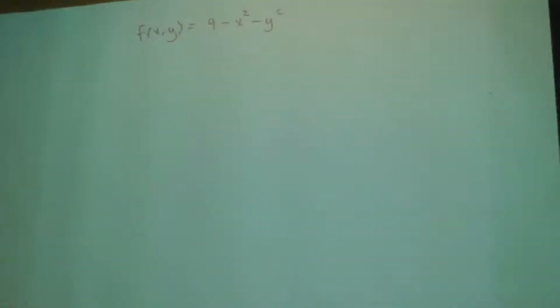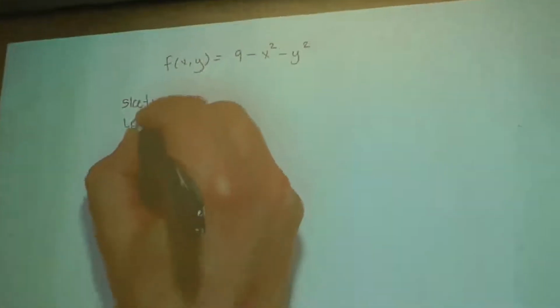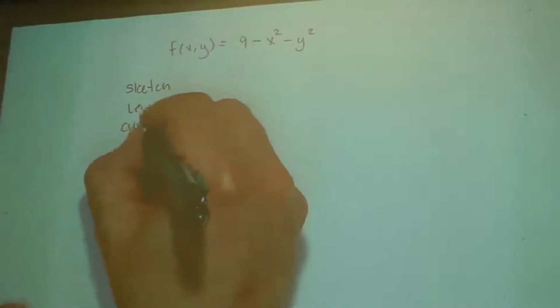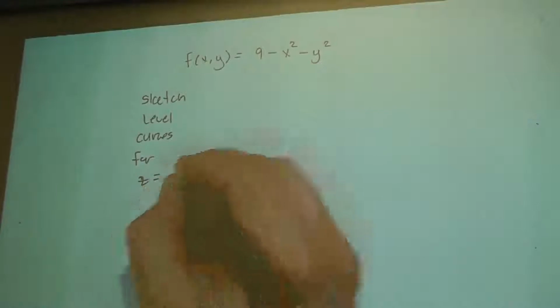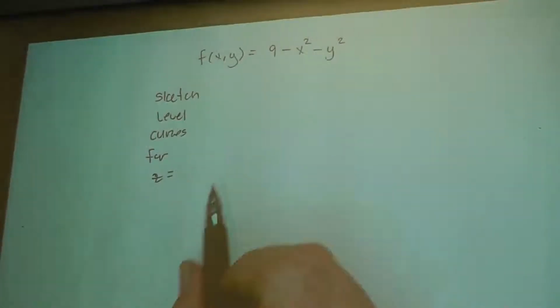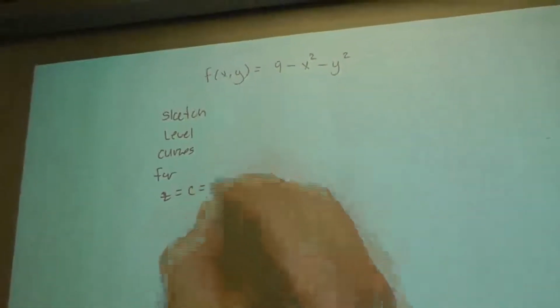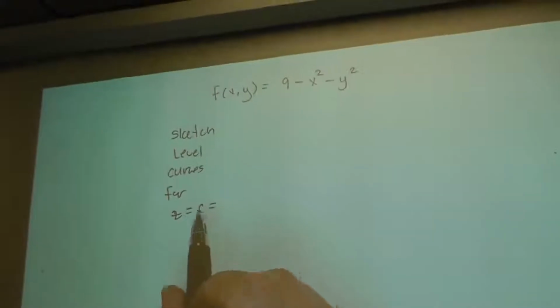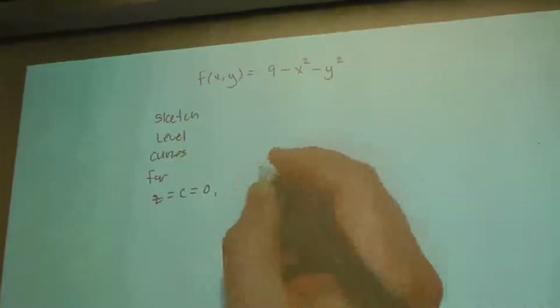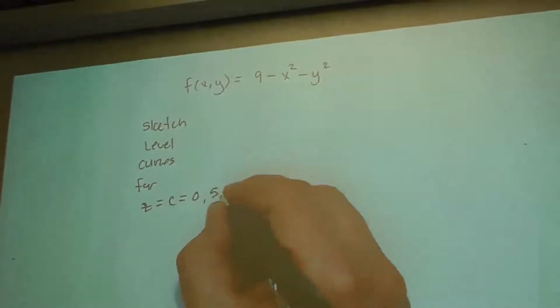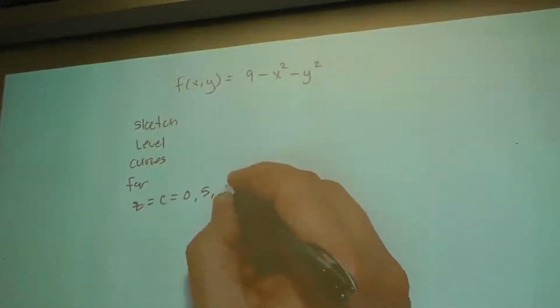So something like the function f of xy equals 9 minus x squared minus y squared. And see, the textbook uses C, I think, so let me try to be consistent there. They say use the C values of, I don't know, 0, 5, and 8.